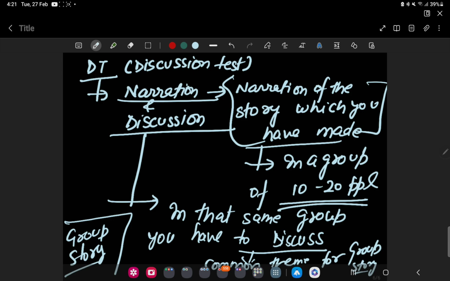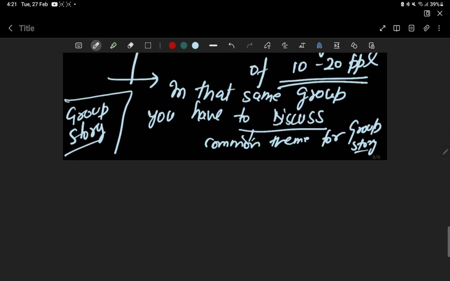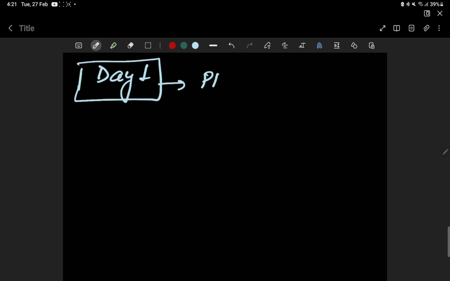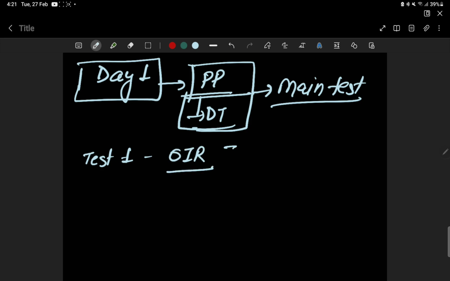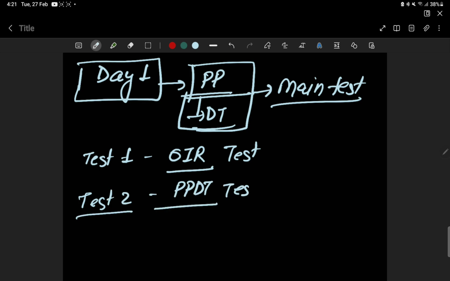So basically this is the idea of day 1, which includes picture perception as we have discussed, and discussion test as the main test, because test 1 is your OIR test, and test 2 is your PPDT test.